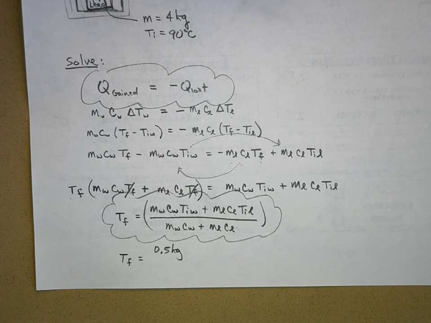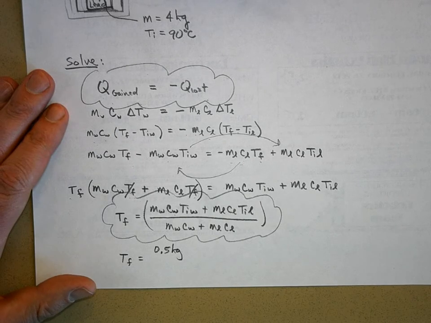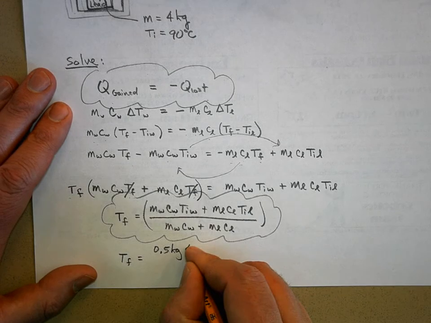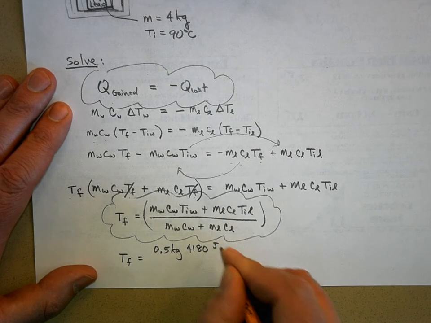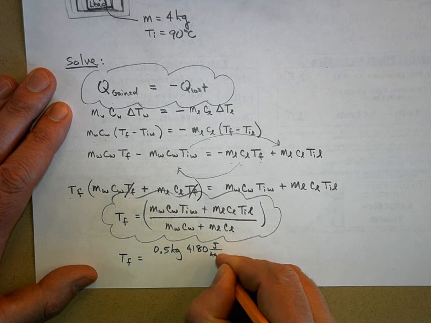Now, if you're doing this at home and you don't have your book or you're too lazy, if you have your computer, just Google what is the specific heat capacity of water, and then feel lucky. And your first hit will give it to you. Or lead, or whatever material you're working with. Or you can look it up in your book. The specific heat capacity for water is 4,180 joules per kilogram degrees Celsius.